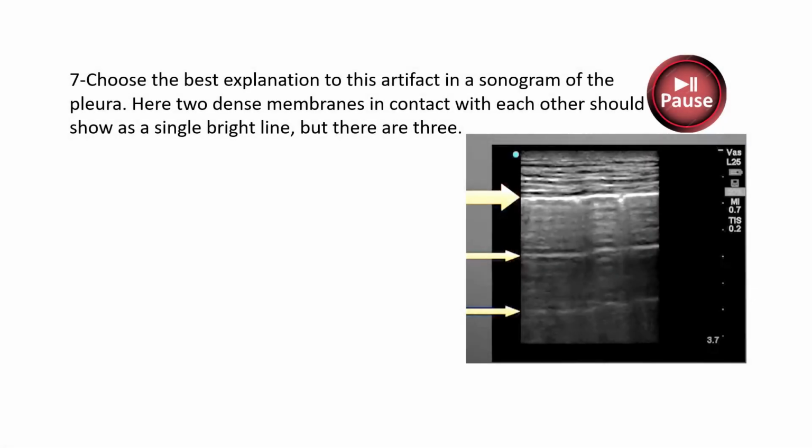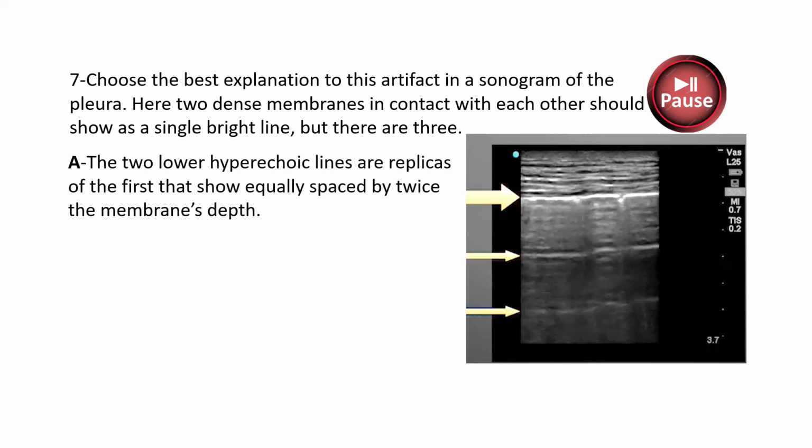Problem number 7. Choose the best explanation for this artifact in a sonogram of the pleura. Here, two dense membranes in contact with each other should show us a single bright line, but there are three. A. The two lower hyperechoic lines are replicas of the first that show equally spaced by twice the membrane's depth.